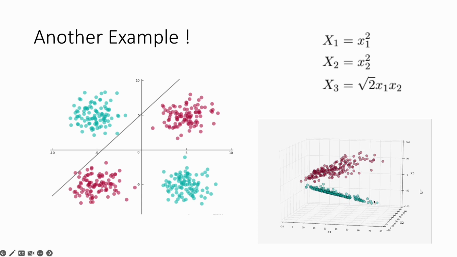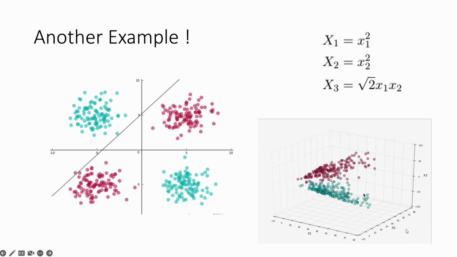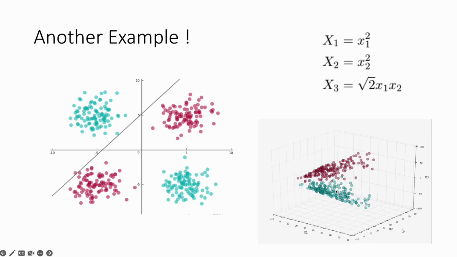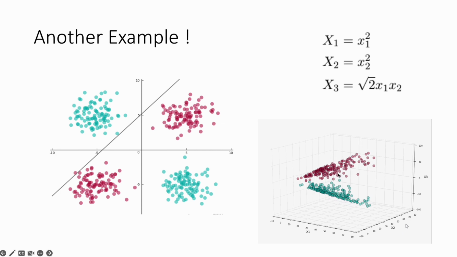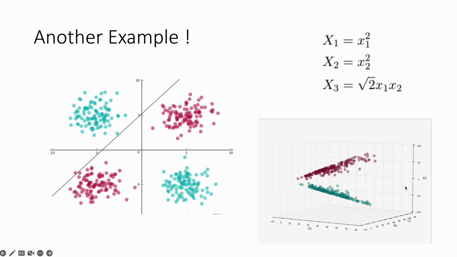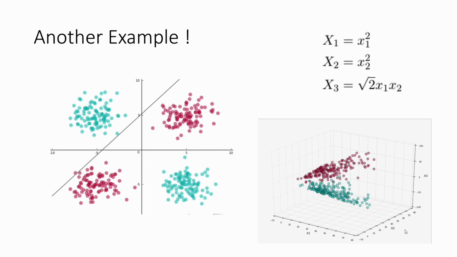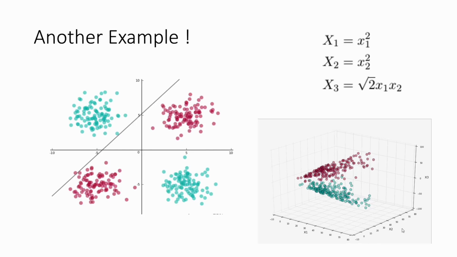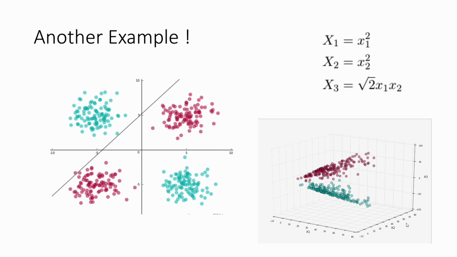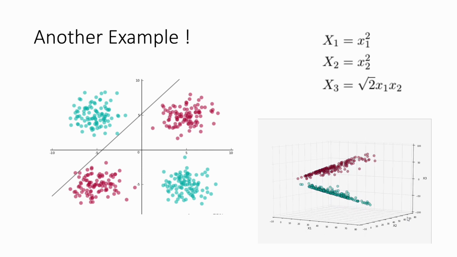Now in this 3-dimensional space, can you see that the data has become linearly separable? When it was 2-dimensional space, all we needed was a line to separate it. In a 3-dimensional space, what will we need? We'll need a plane. And in n dimensions, we'll need what we call a hyperplane.